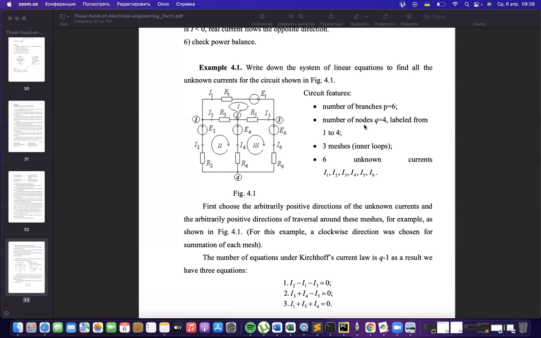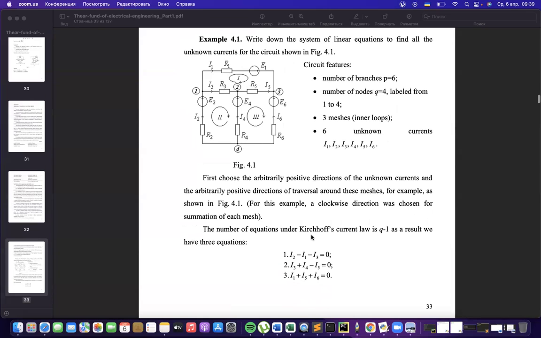As many nodes as we have, that many equations could be written, but the number smaller by 1. If we have 4 nodes, we could write 3 independent equations, and the last 4th equation will be dependent on the initial 3.